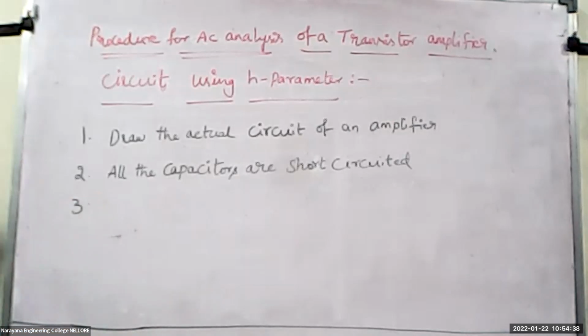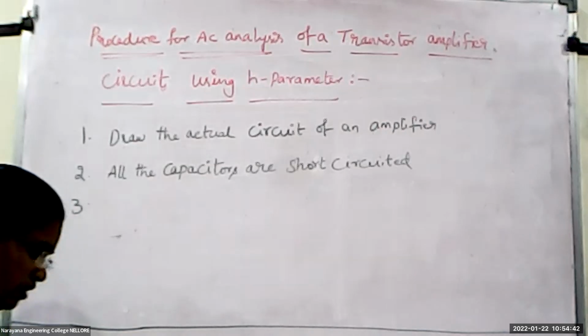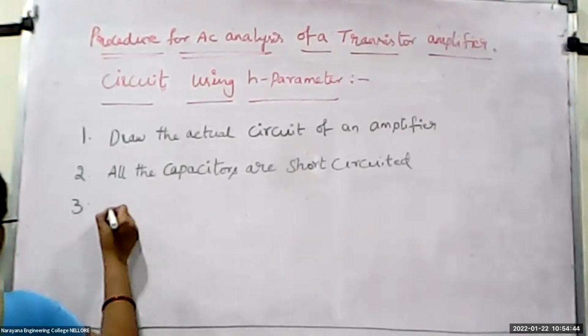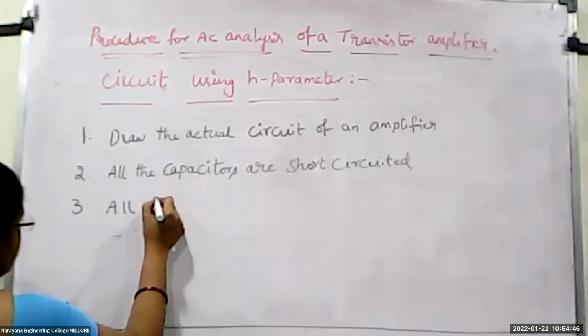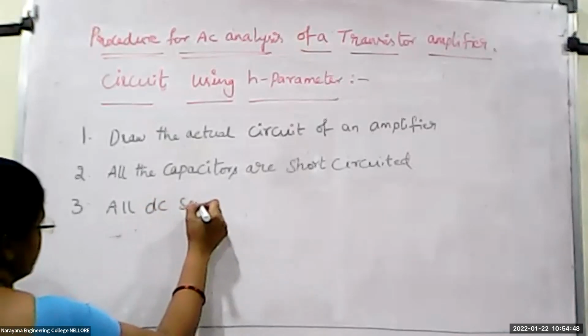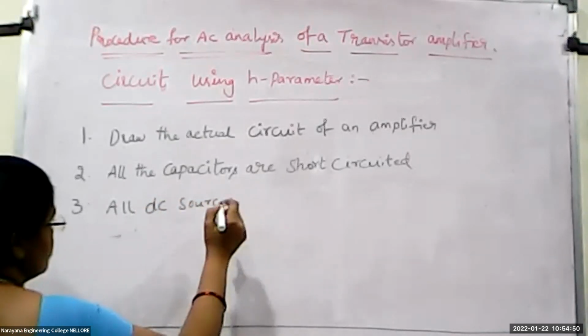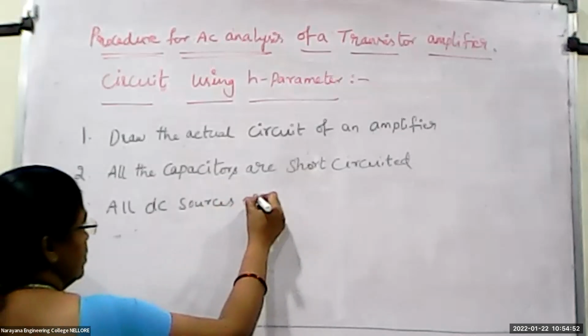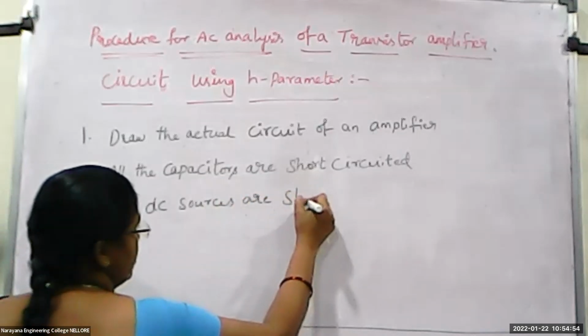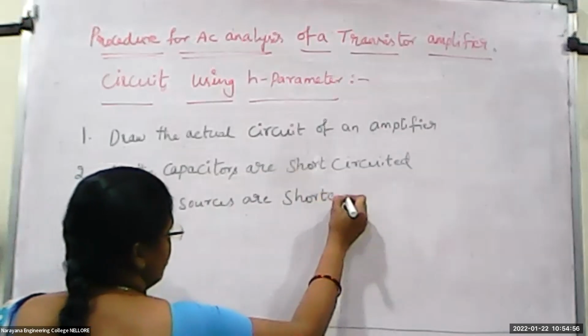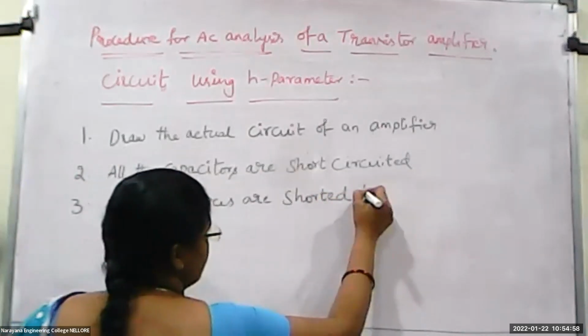Third one, all DC sources are shorted to ground.